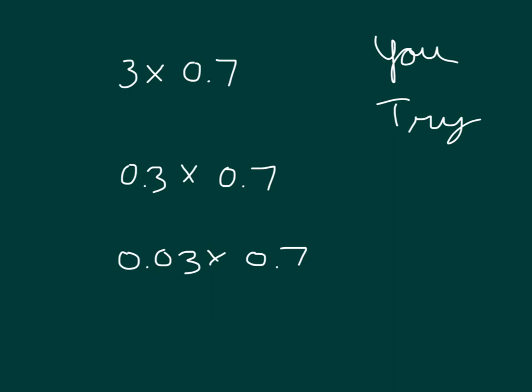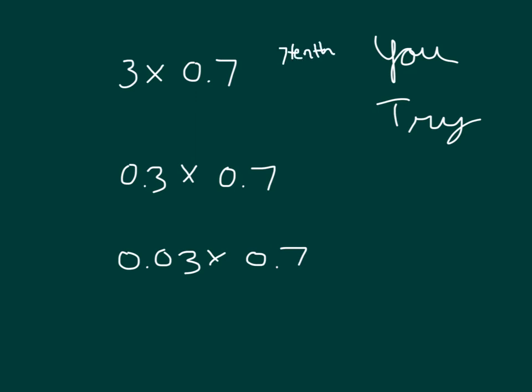Okay, you try. Write them out as multiplication expressions, including fractions, and then evaluate them and write them back in decimal form. Pause the video while you're working these out. What did you do for the first one?